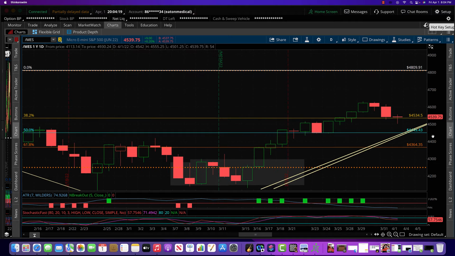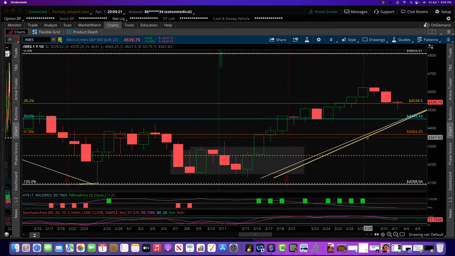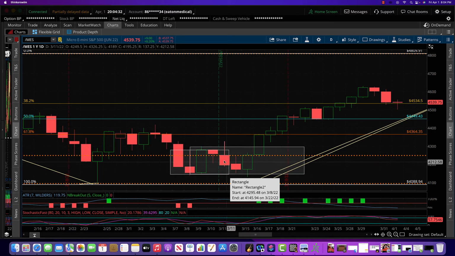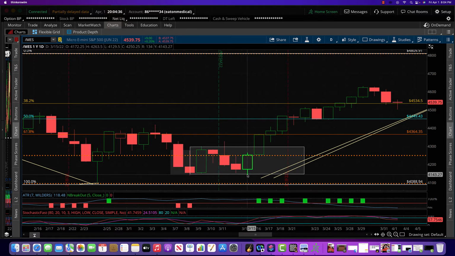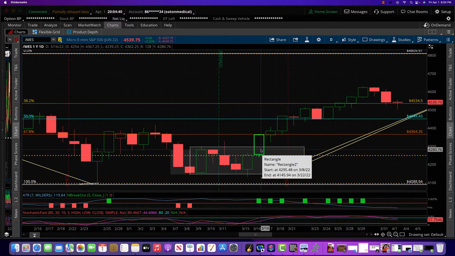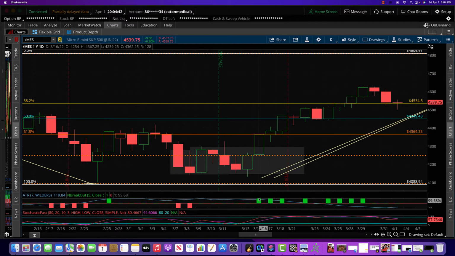All right, now let's look at some of these other days. So this was really the first breakout day coming off of these quarterly lows. Then this range stayed intact. Yeah, it was tested down here, stayed intact, and then this is the new range. Okay, now observe this breakout here.